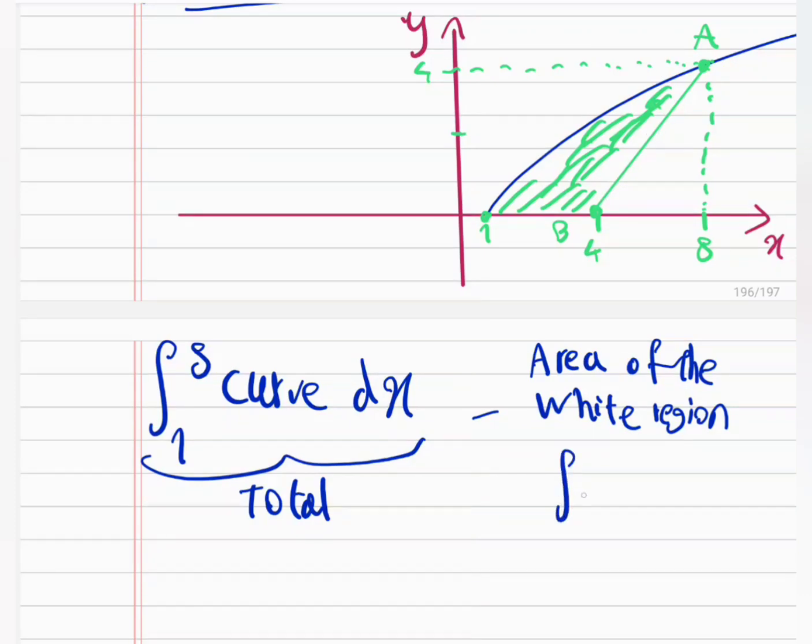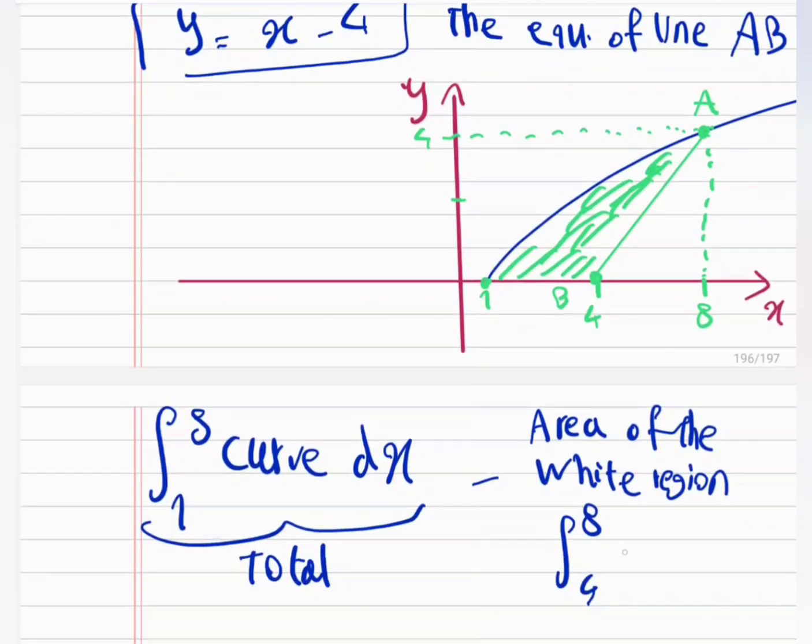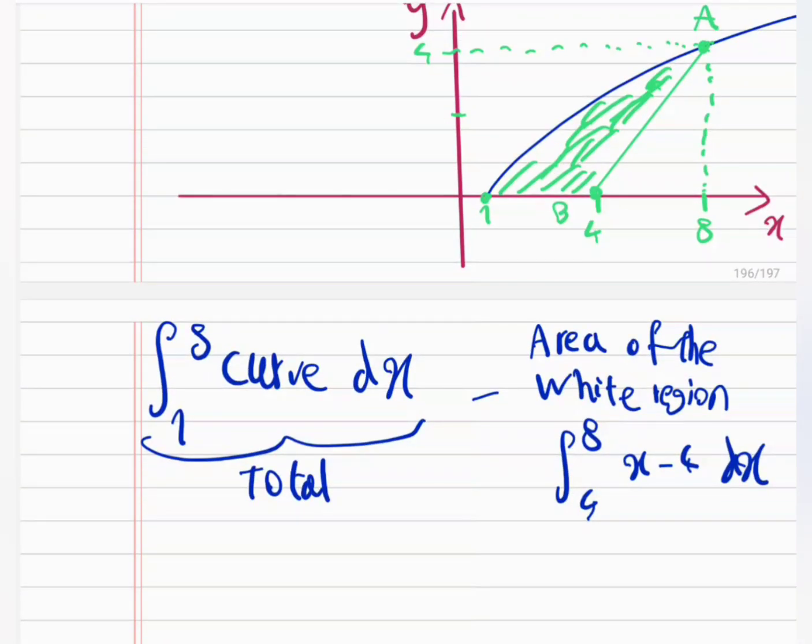So we can use this integral, the limits are 4 and 8, because this region is from 4 to 8, of the line x minus 4, because that's the equation of the line AB, dx. So yeah, we can either use the area of the triangle or just this integral. So for simplicity, I'm going to use the area of the triangle in this case, but if you work out this integral, you're going to get 8, which is exactly the same as when you use the area of the triangle, and you will see in this question.